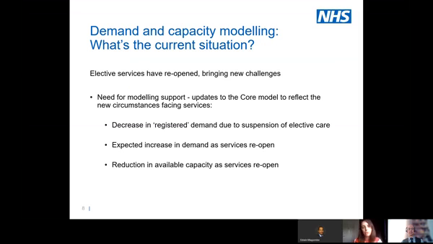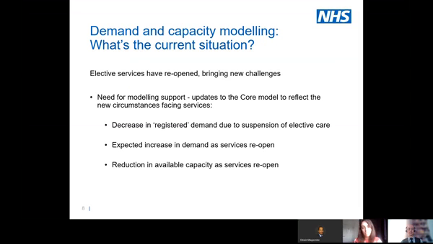Before I hand you over to Keith, let's just take a look at the current situation. So what has changed? We're currently looking at elective care service reopening, which brings new challenges, and more specifically, we've updated the core model to reflect some of the new circumstances facing services.